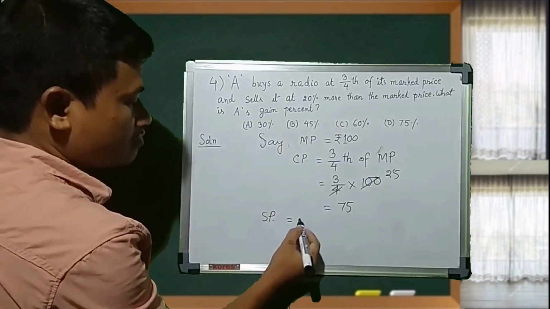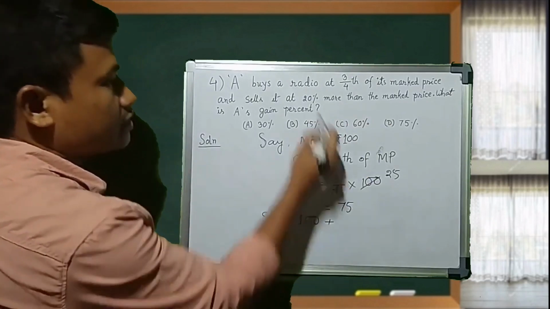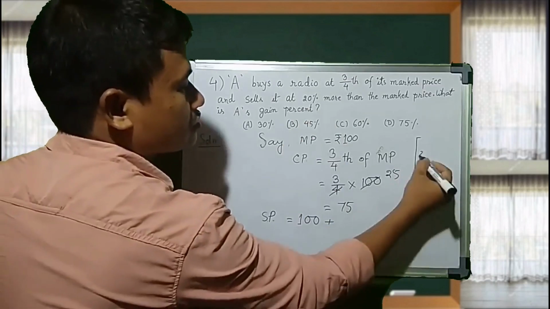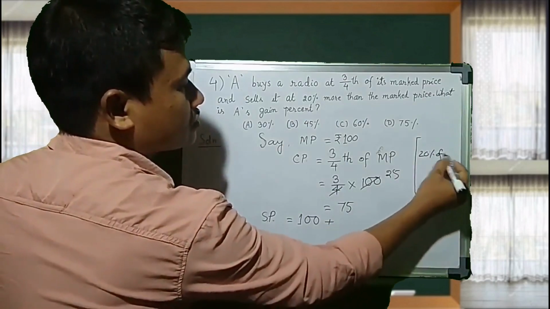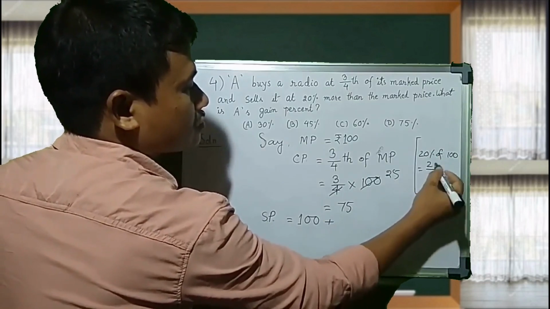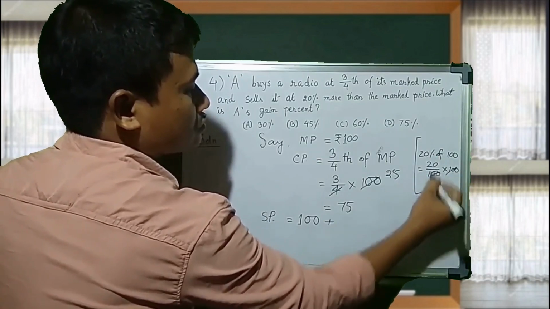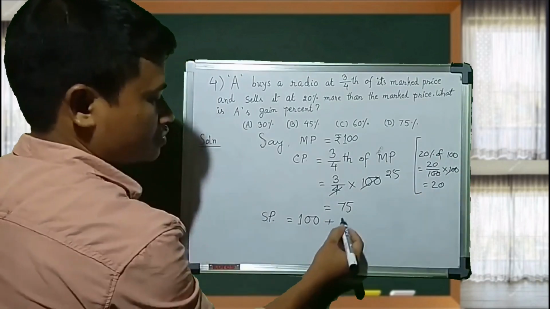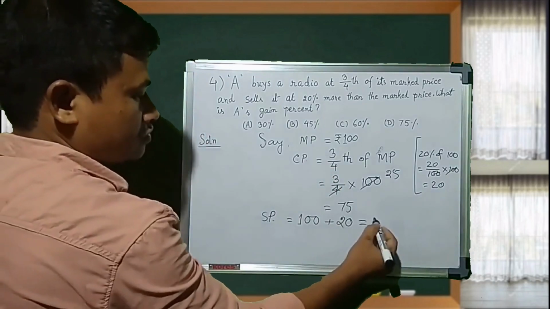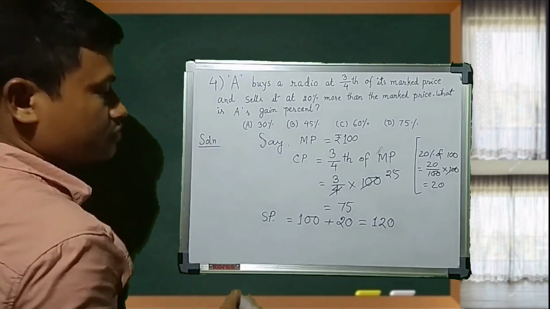What was the marked price? Marked price is 100 rupees, and 20% of 100 rupees is equal to what? 20 rupees itself, isn't it? 20% means 20 by 100 times 100. So 20 rupees more. So sell price will be 120 rupees.